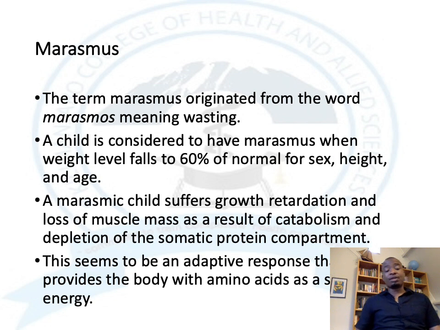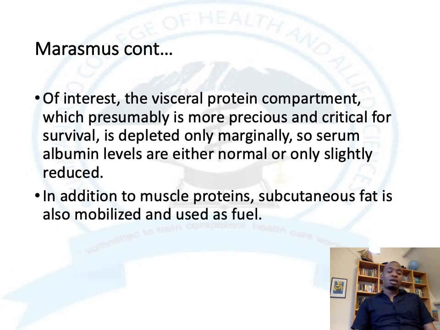This is seen as an adaptive response that provides the body with amino acids and other sources of energy. Of interest, the visceral protein compartment, which is presumably more precious and critical for survival, is depleted only marginally. So serum albumin levels are either normal or slightly reduced in people with marasmus.